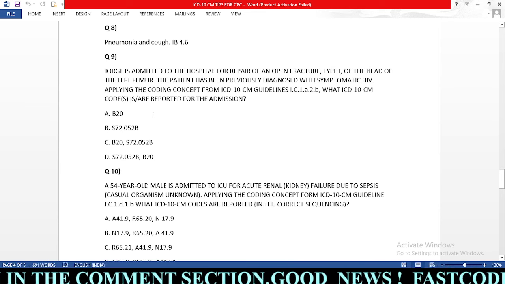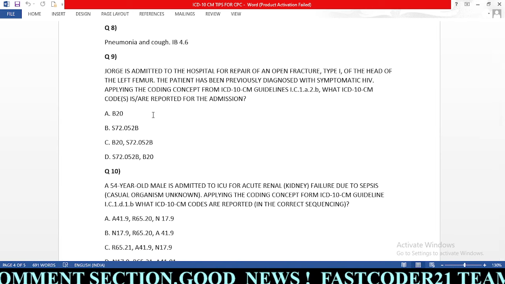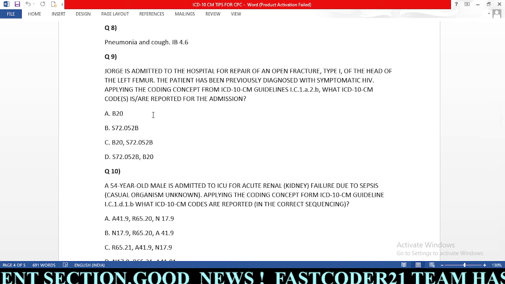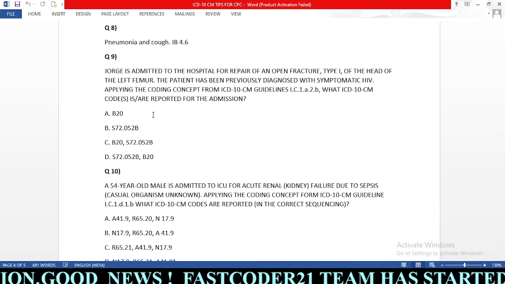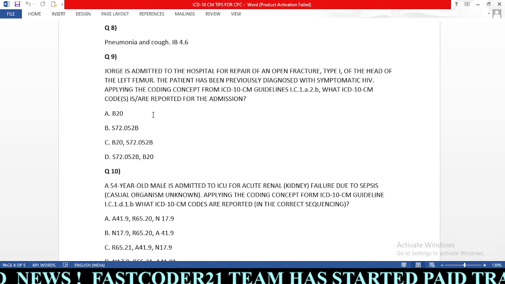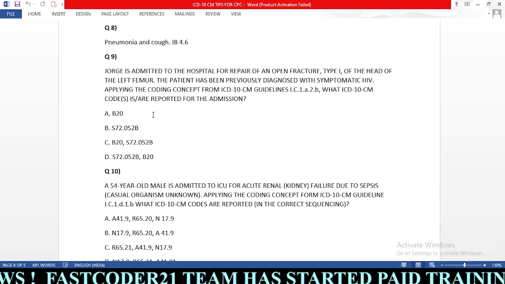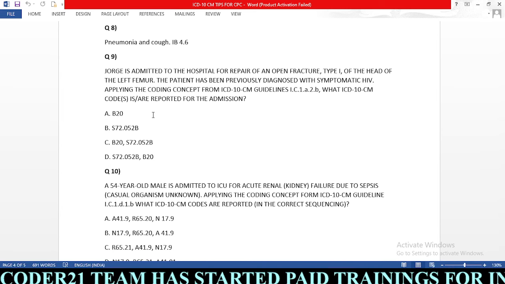So George is admitted to the hospital for repair of an open fracture type 1 of the head of the left femur. The patient has been previously diagnosed with symptomatic HIV. Applying the coding concept from ICD-10 CM guidelines, what ICD-10 CM codes are reported for the admission?